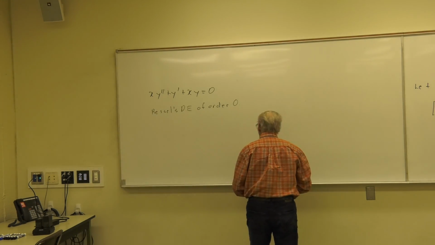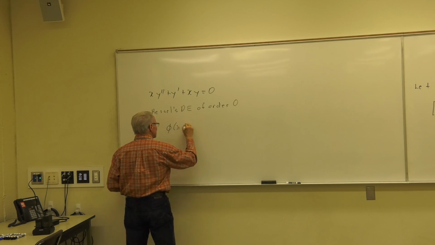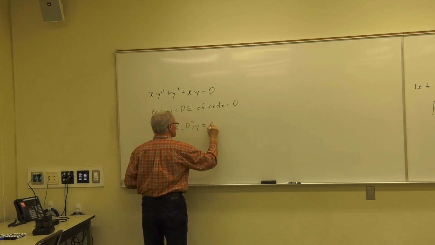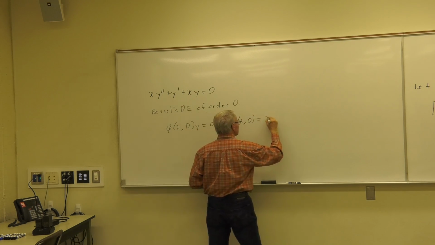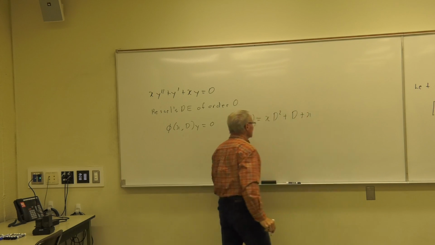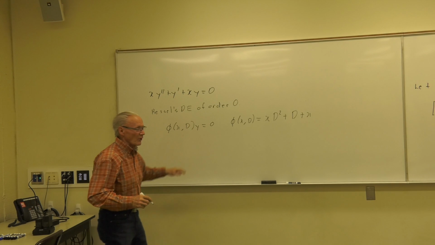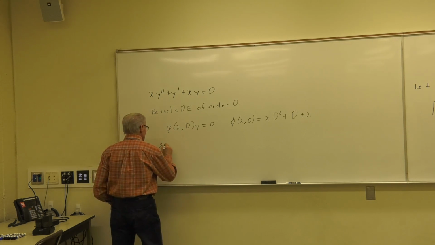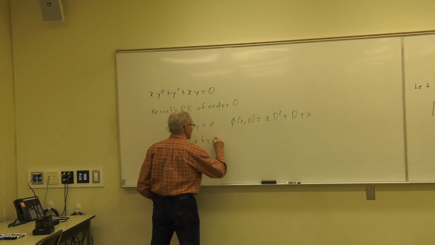And it is linear. We would write for here that phi of x and d operating on y is equal to 0, and the phi of x and d would be x d squared plus d plus x. Right, so that stands for this. Nice, simple form. If I gave you this one, 2y double prime minus 3y prime plus 6y is equal to 10x.